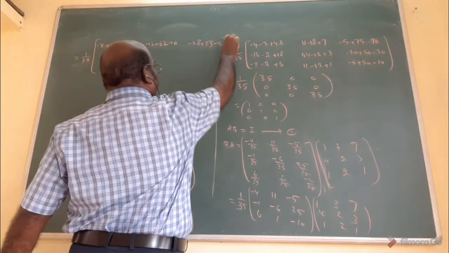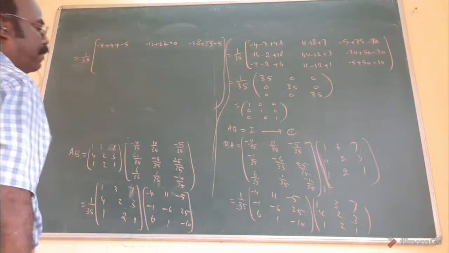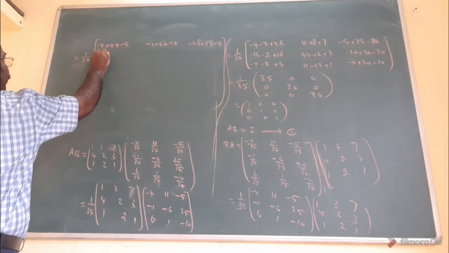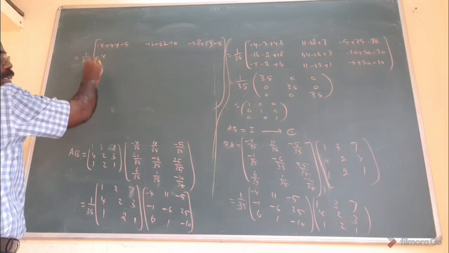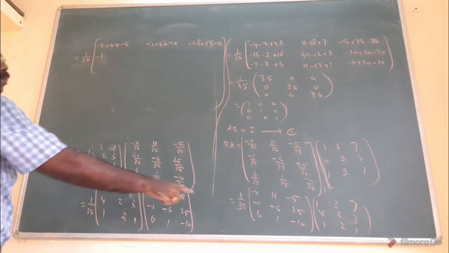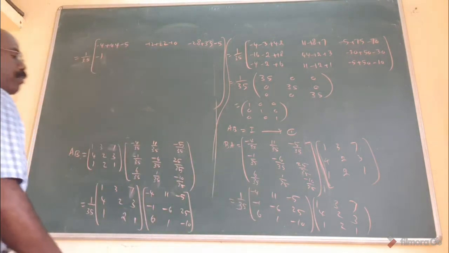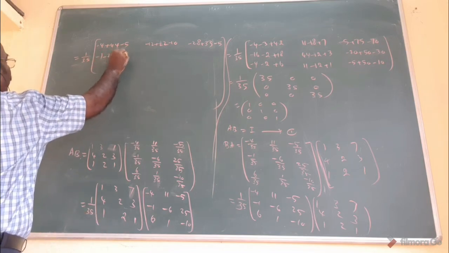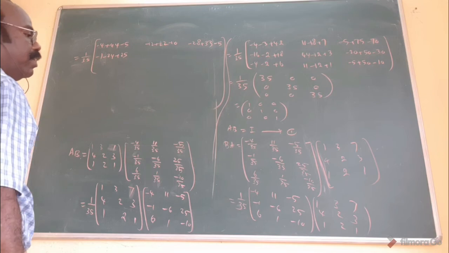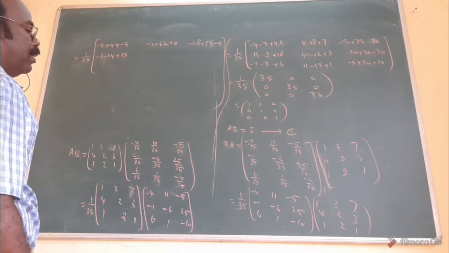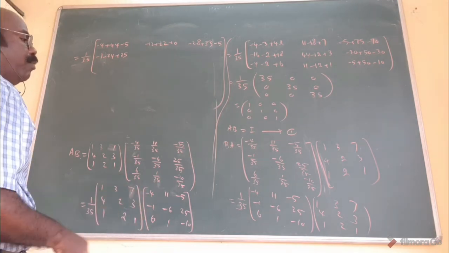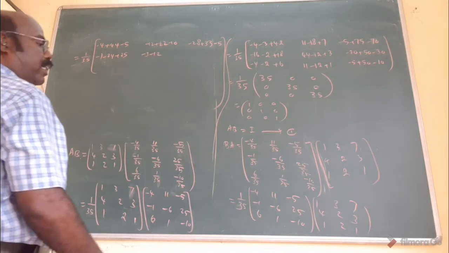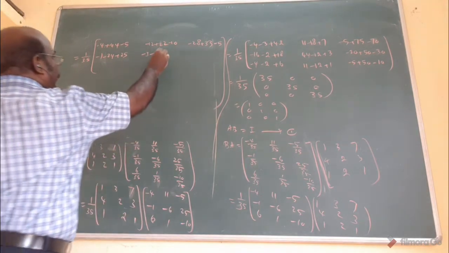It's already over. Now next one, second row, first column. Minus 1 into 1, minus 1, minus 6 into 4, minus 24 plus 25. Next say, minus 3 minus 1. Next say, 50.